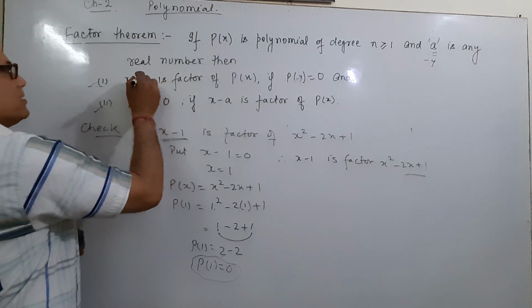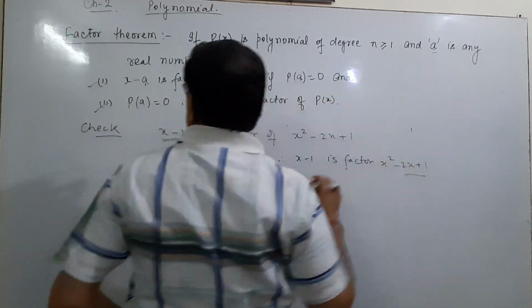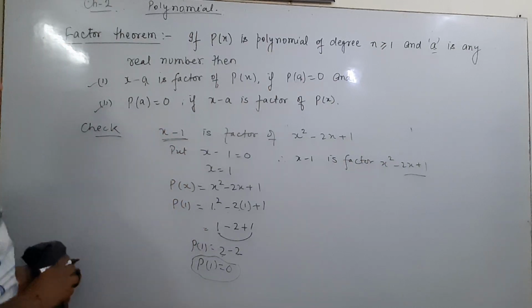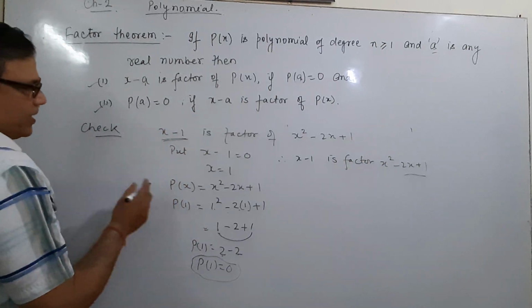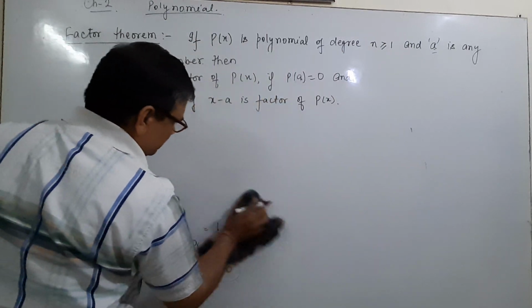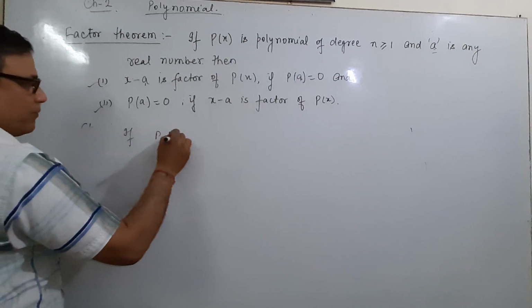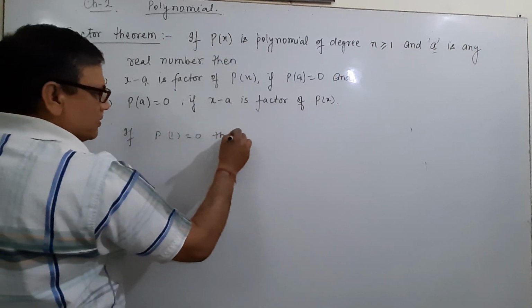And now the second: x minus a is a factor if P(a) equal to 0, like this, P(a) equal to 0. Now check the second question. I already told you, if P(1) equal to 0, then what is this?